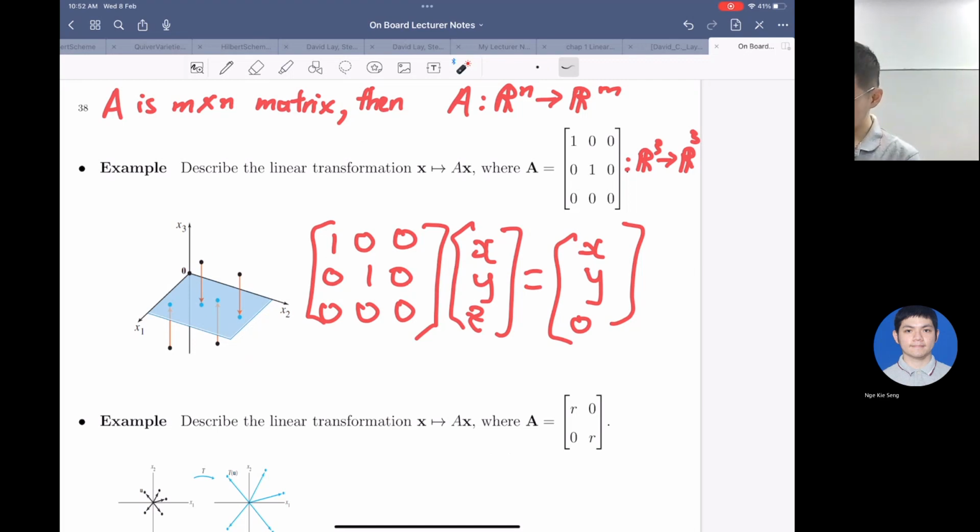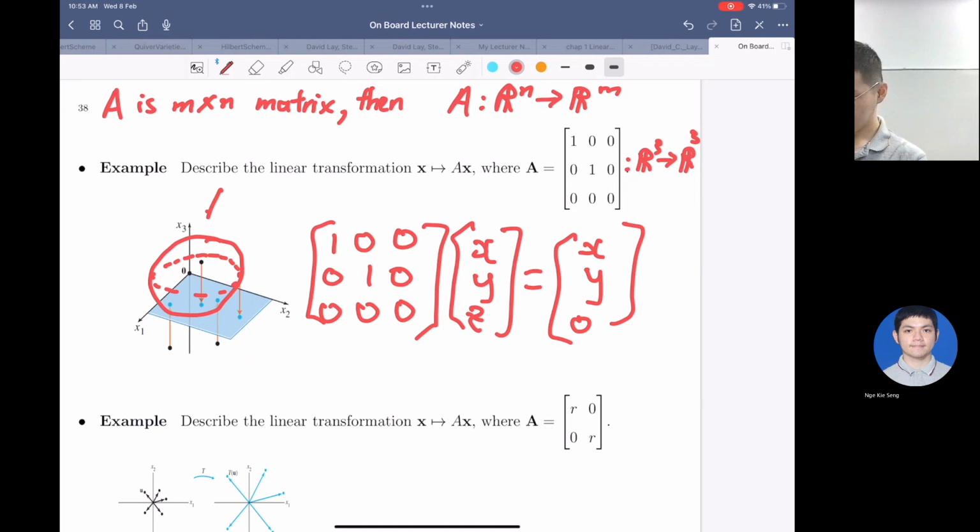So in this case, if we study a sphere at the center of the origin, what happened to the sphere under this linear transformation?